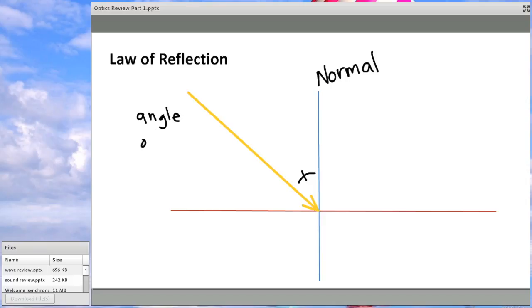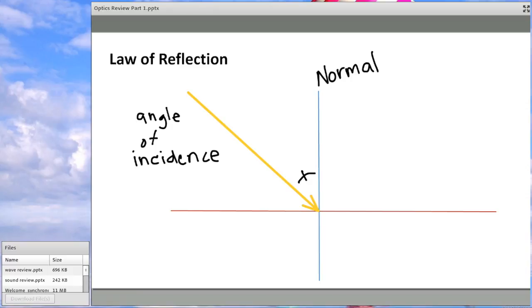And it basically says that your angle of reflection is the same as your angle of incidence, so they equal each other. Okay, so there's my angle of incidence, and now I'll try and do my angle of reflection.